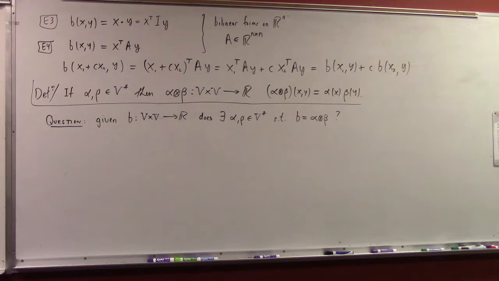So if you think about this question linear algebraically, you should be able to see that the answer must be no, generally speaking. Why? What did we just prove? We just proved that the set of all bilinear forms is isomorphic to a vector space of dimension v1 times v2, right?